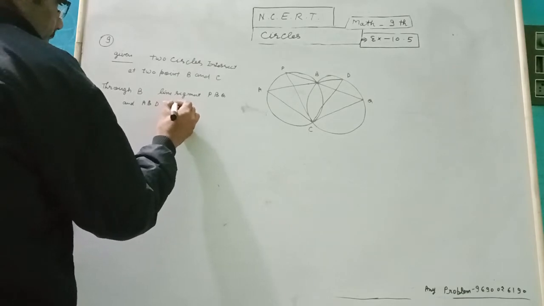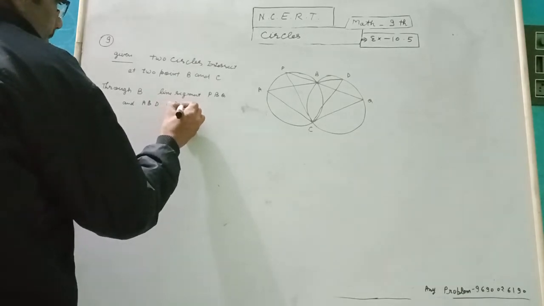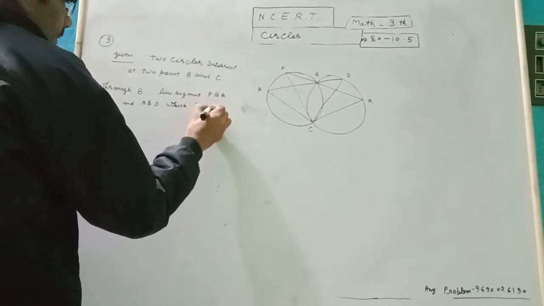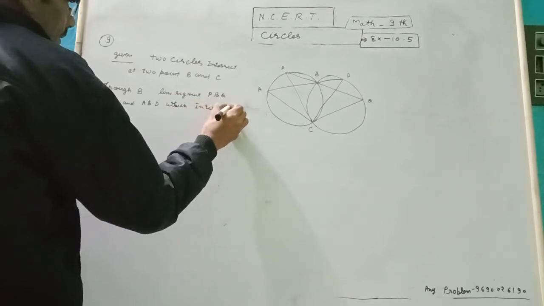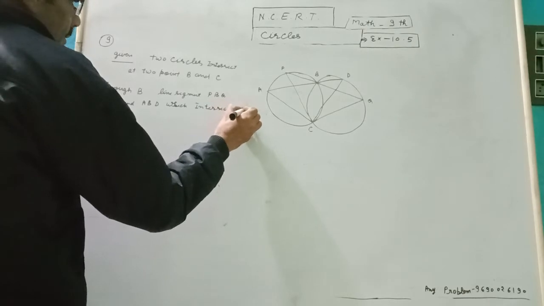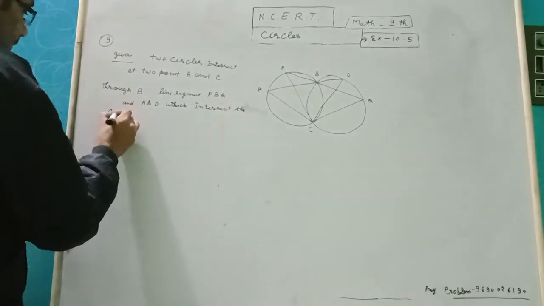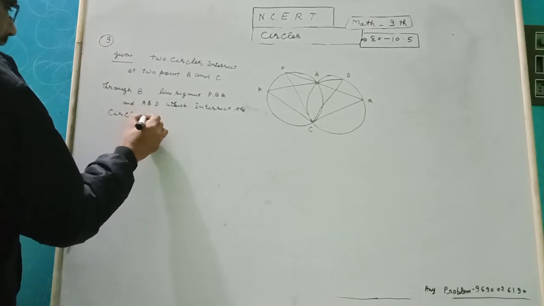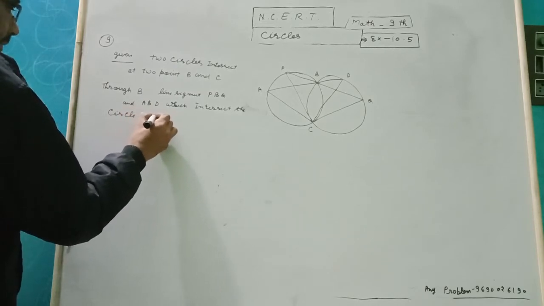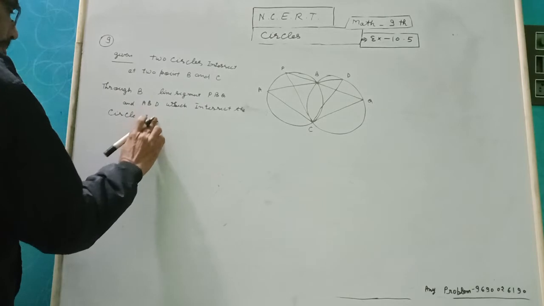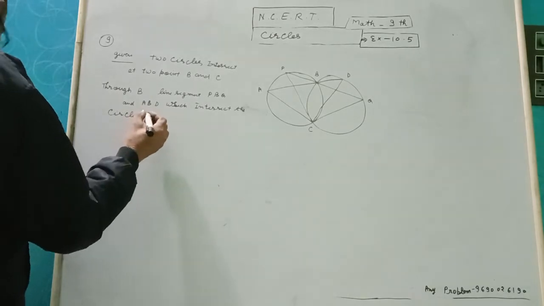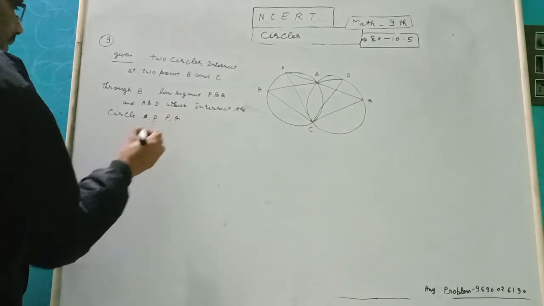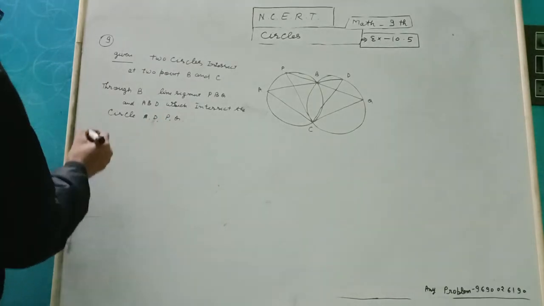which intersect the circles at A, D, P and Q. That is given.